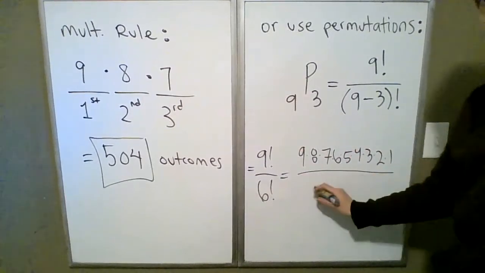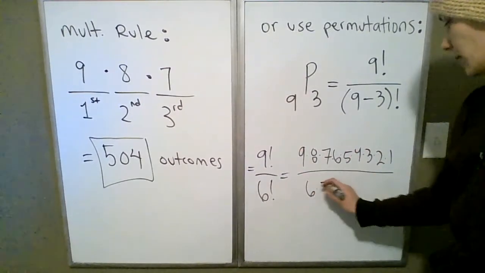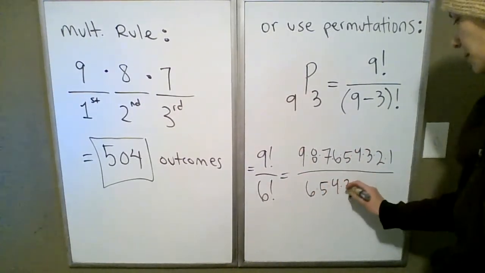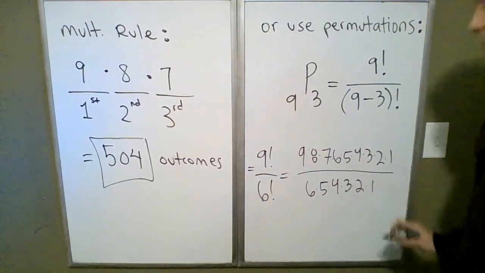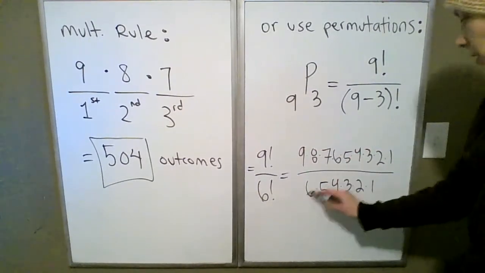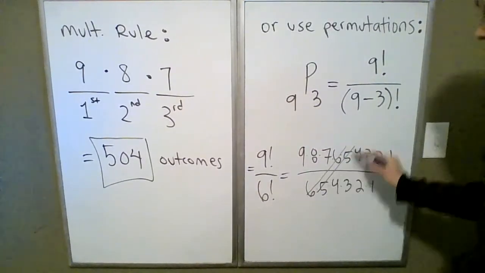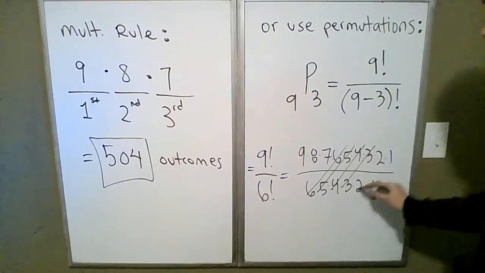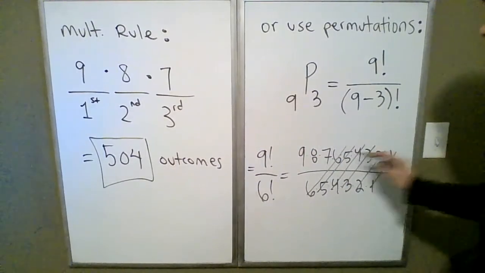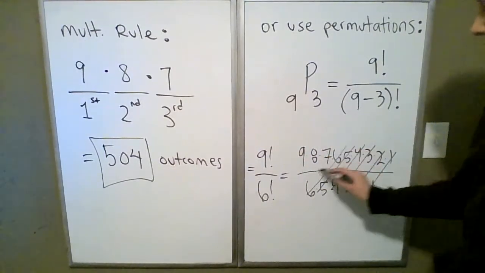Down here, expand 6 factorial. And then the 6 over 6 reduces to 1, 5 over 5, 4 over 4, 3 over 3, 2 over 2, 1 over 1. What's left is this part, 9 times 8 times 7.